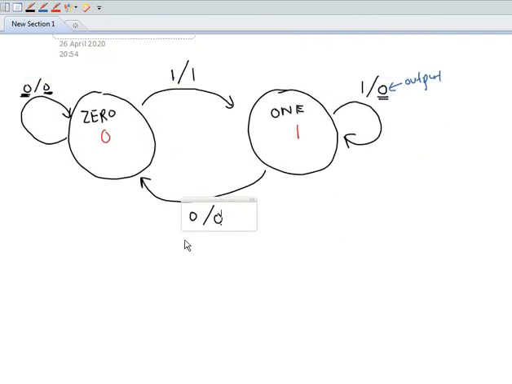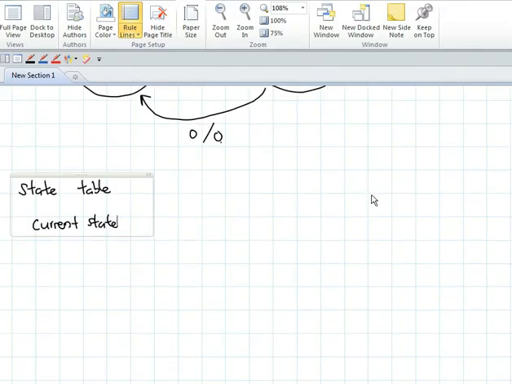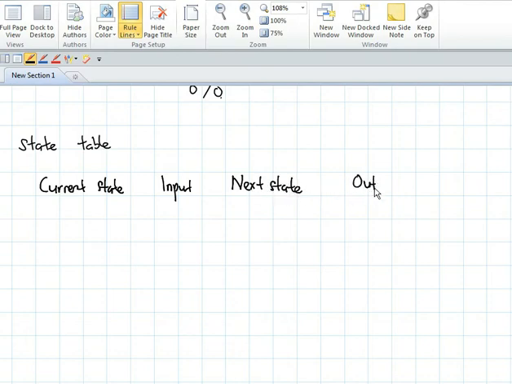Let's see how we can draw the state table. Remember, for the state table you need 4 things: current state, your input, your next state, and your output.